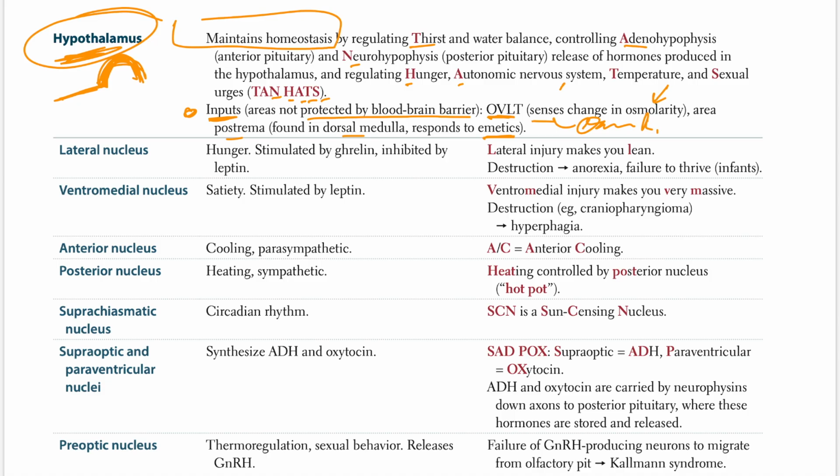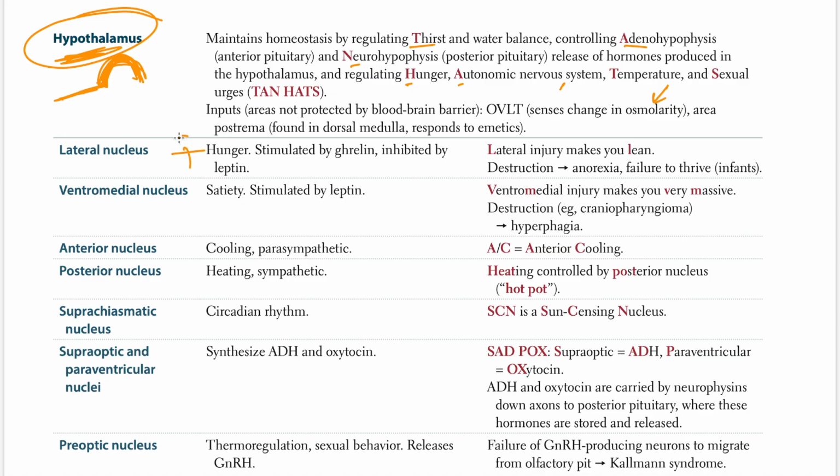Now we have all the nuclei of the hypothalamus. We have the lateral nucleus and the ventromedial nucleus. The normal function of the lateral nucleus is to stimulate hunger.